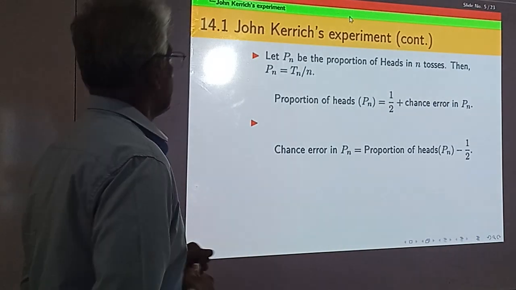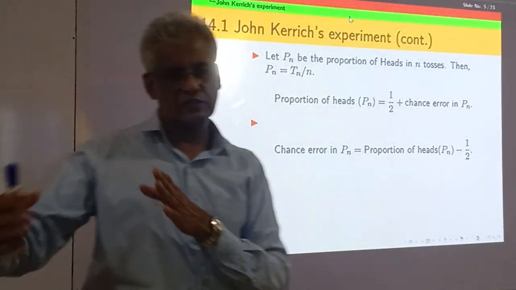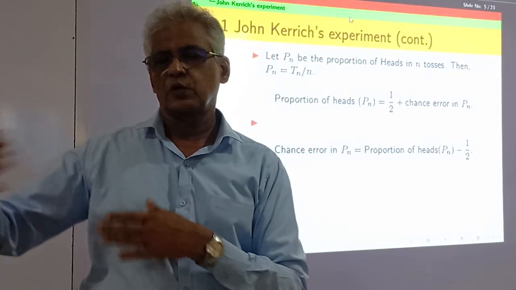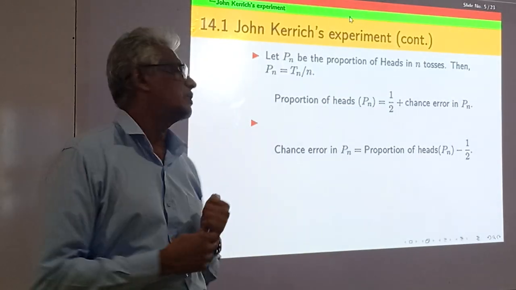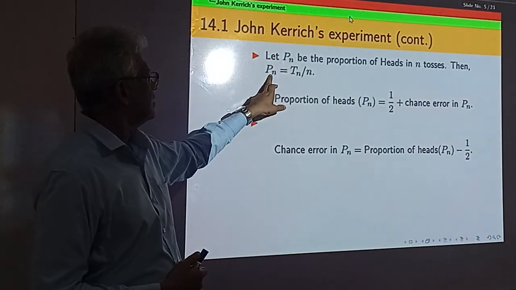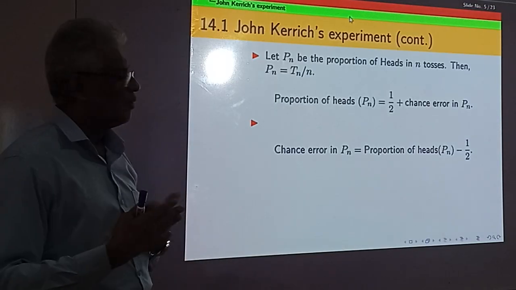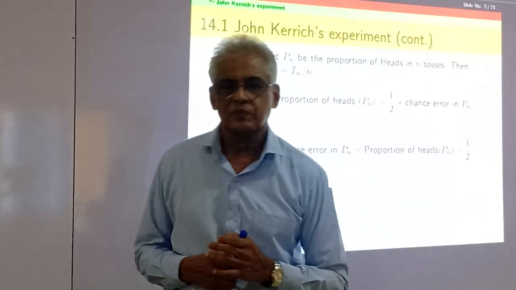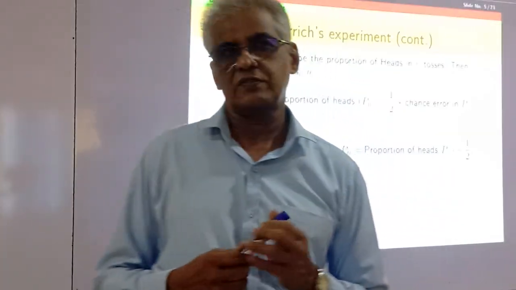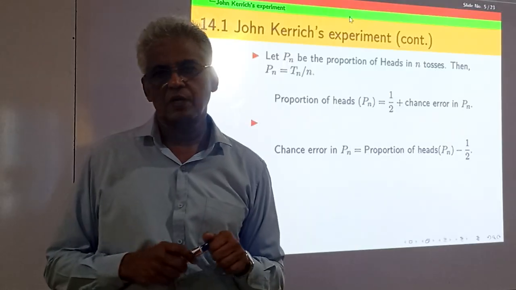So I will denote it by Pn, the proportion of heads out of the total number of tosses that we have seen by the nth trial. So Pn is equal to Tn divided by n. Right? And then what is the expected value of Pn? The proportion of heads at any n, we expect it to be half, right?